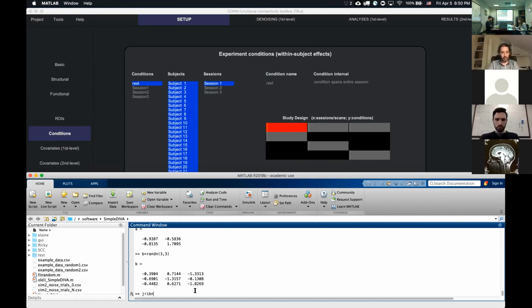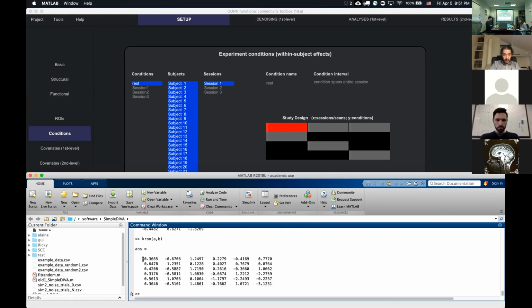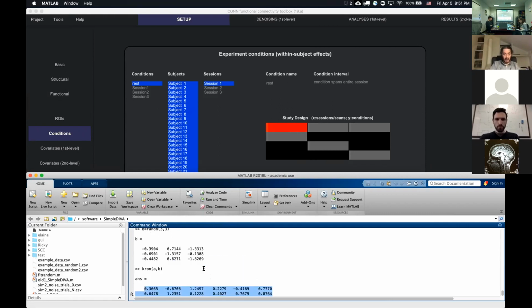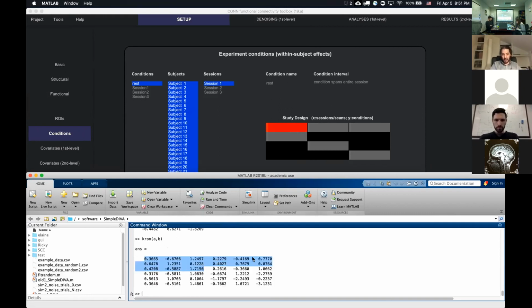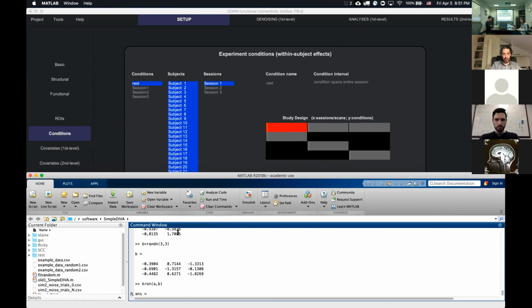So Kron(A,B) is going to be a 6x6 matrix, where this 3x3 portion is the original matrix multiplied by this value, and these other 3x3 portions are the original matrix multiplied by their values, and so on. So it's like an explicit expansion of a multiplication type of operation.